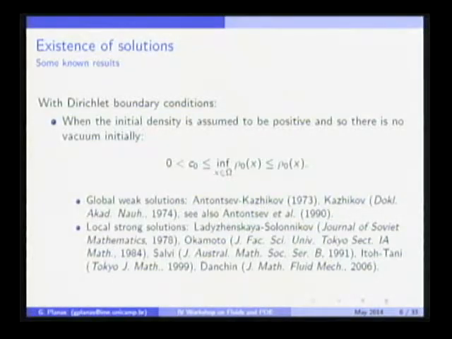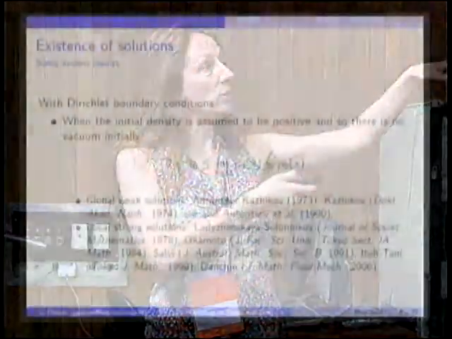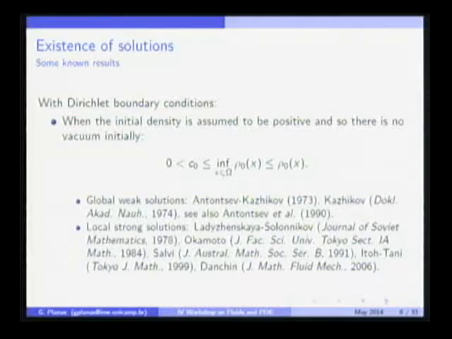The other one is assuming that the initial density could be 0. There are results concerning global weak solutions, and local strong solutions, also in Hilbert spaces, Sobolev spaces, and so on. But all these results are related to Dirichlet boundary conditions.